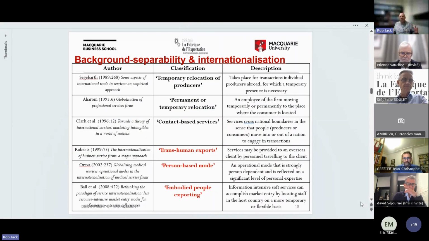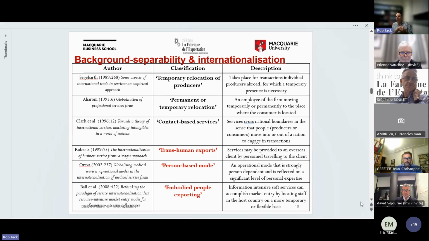I know this might seem a little bit academic in terms of its format, but this is where there has been some analysis of the idea of interactive or inseparable services actually being exported by relevant staff who have that expertise.